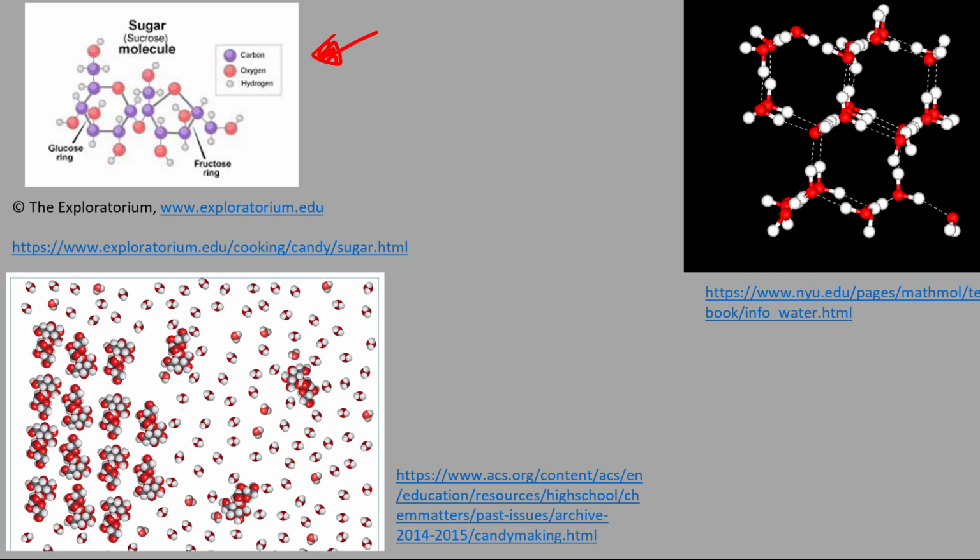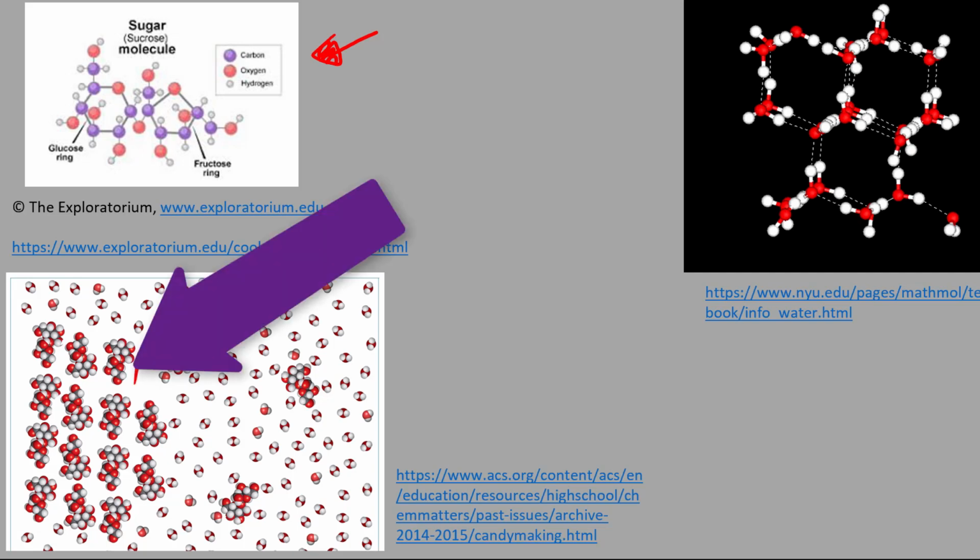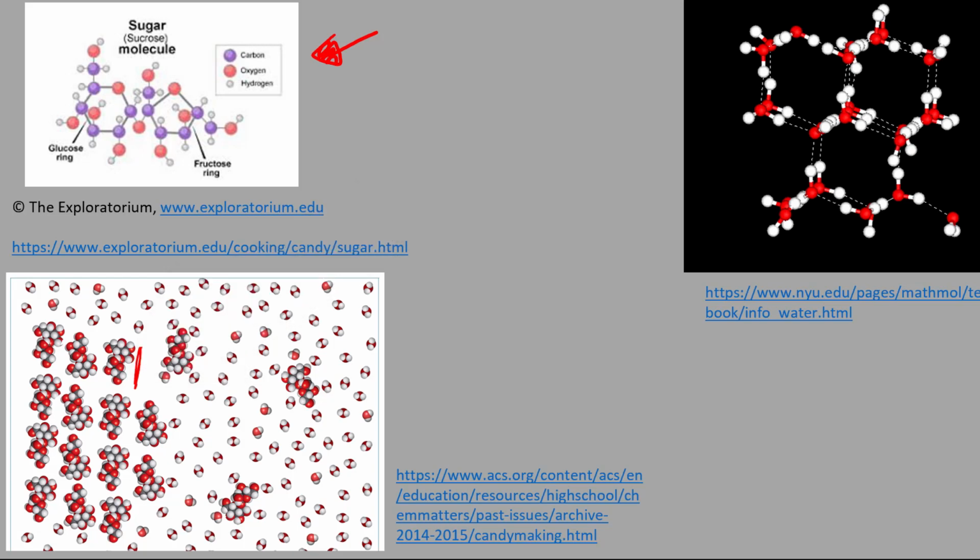It's almost twice as big. It actually has a glucose in it and a fructose in it. So that's a big, huge sugar molecule. You don't have to know what that looks like. But this would be a three-dimensional structure of it, the way it's all bonded together. So it kind of looks a little twisted up somewhat. Okay, so these big, huge things are sugar molecules.